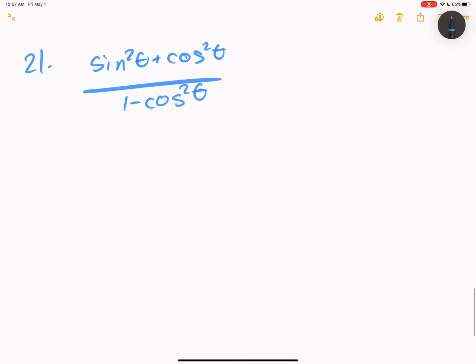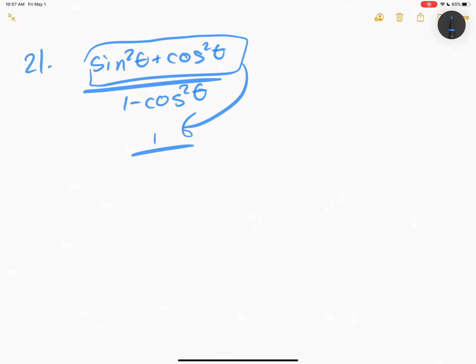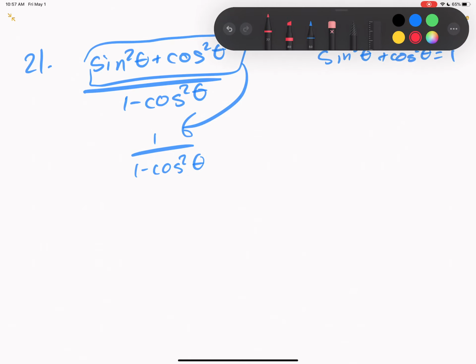Okay. And finally, 21. I have sine squared theta plus cosine squared theta over 1 minus cosine squared theta. Same thing. If you guys look at the top, that's nice. That's 1. Sine squared plus cosine squared is straight up 1. Now the bottom is a Pythagorean as well. Remember, if we have sine squared plus cosine squared theta is equal to 1, you have the ability to move things.